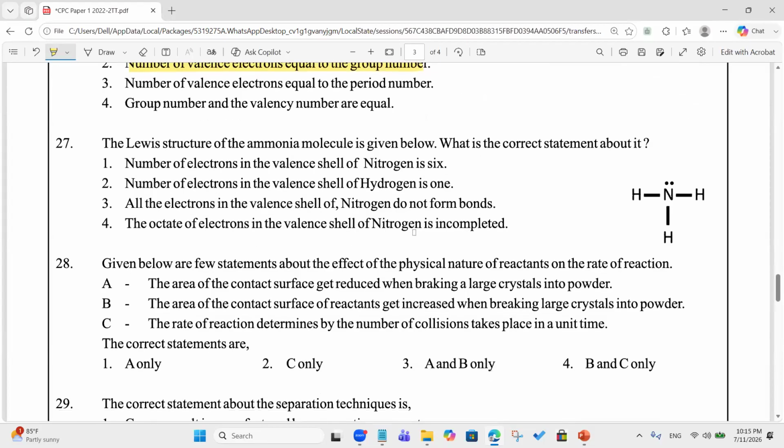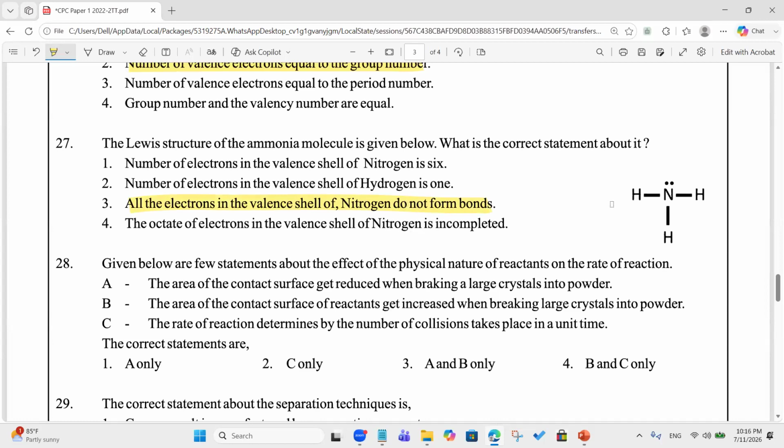Right, number 27. The Lewis structure of the ammonia molecule is given below. What is the correct statement about it? Tell me the answer. Yes, Lamai. All the electrons in the valence shell of nitrogen do not form bonds.